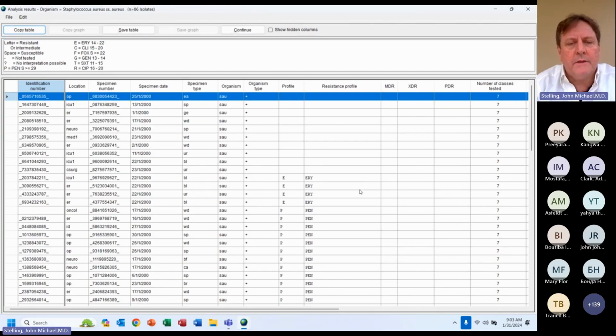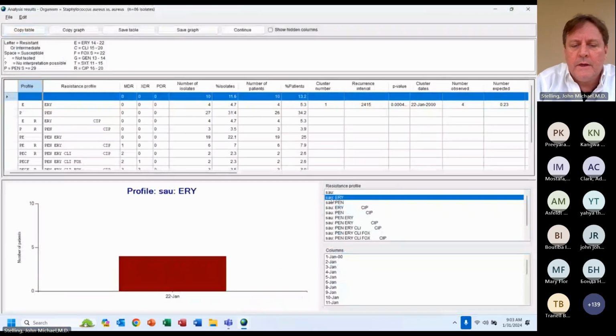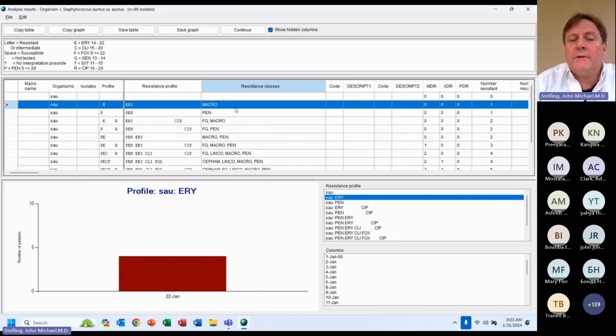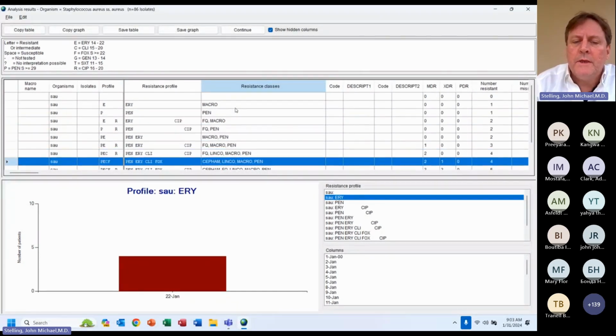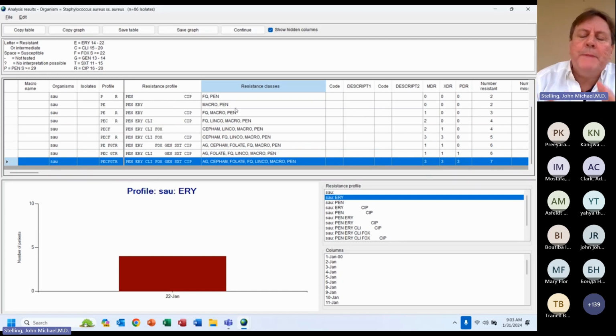Here I showed you this already, with the statistically significant cluster of erythromycin resistance. There are some columns that are hiding here, so I'm going to show hidden columns. So the classes are here. Erythromycin is a macrolide. Penicillin, fluoroquinolone, sometimes it's a class, sometimes it's a subclass. Folate. So the information that you're requesting is here, but we're not using it for cluster detection.